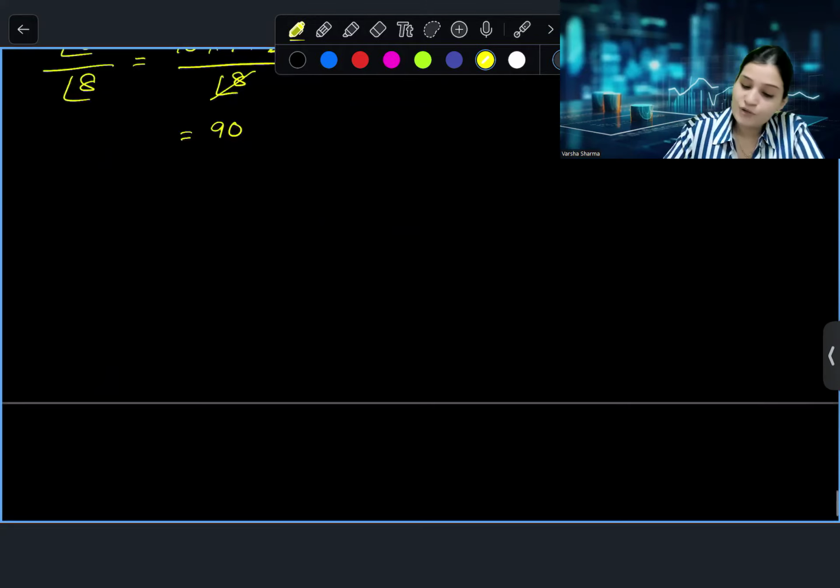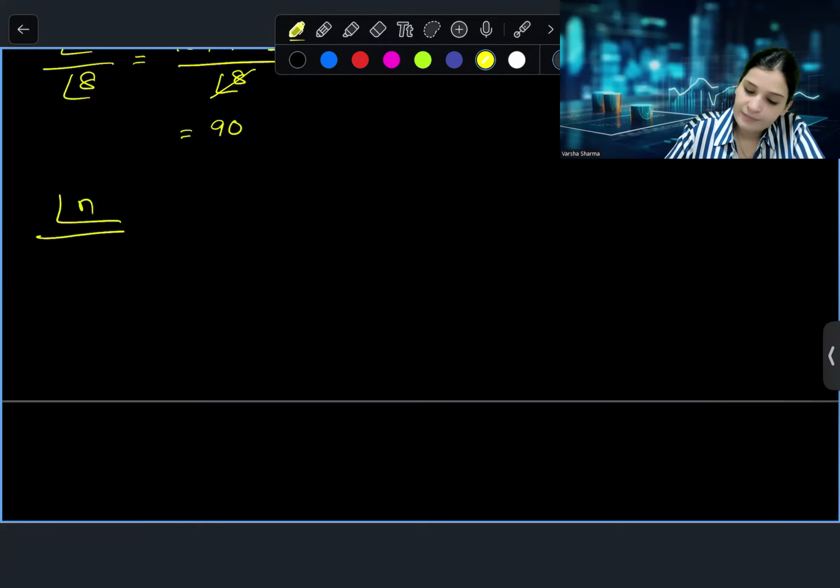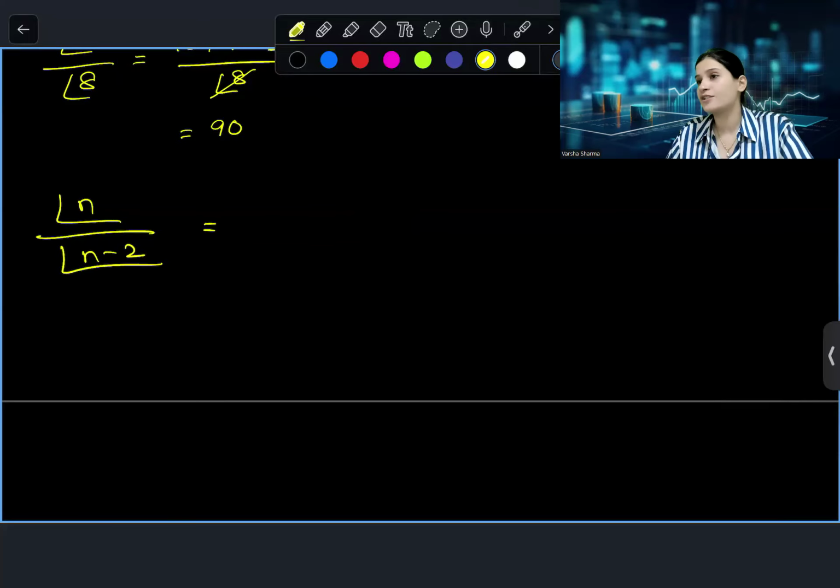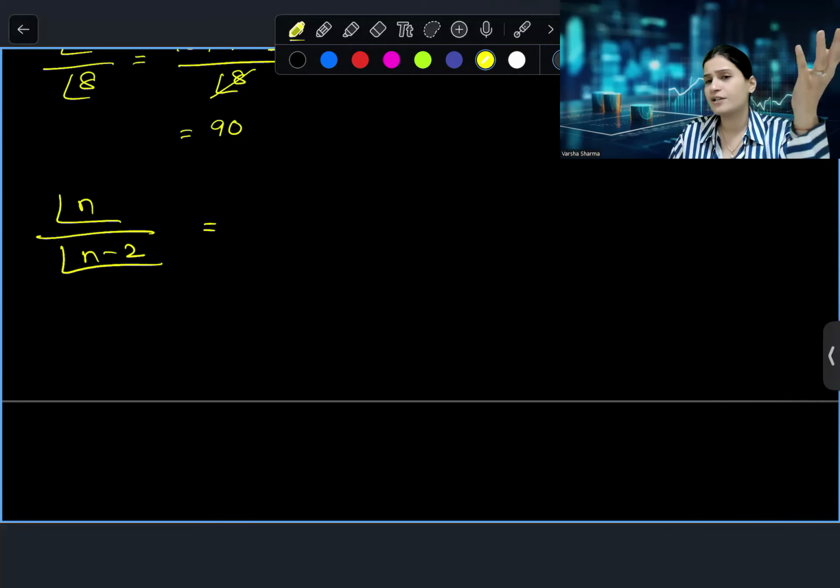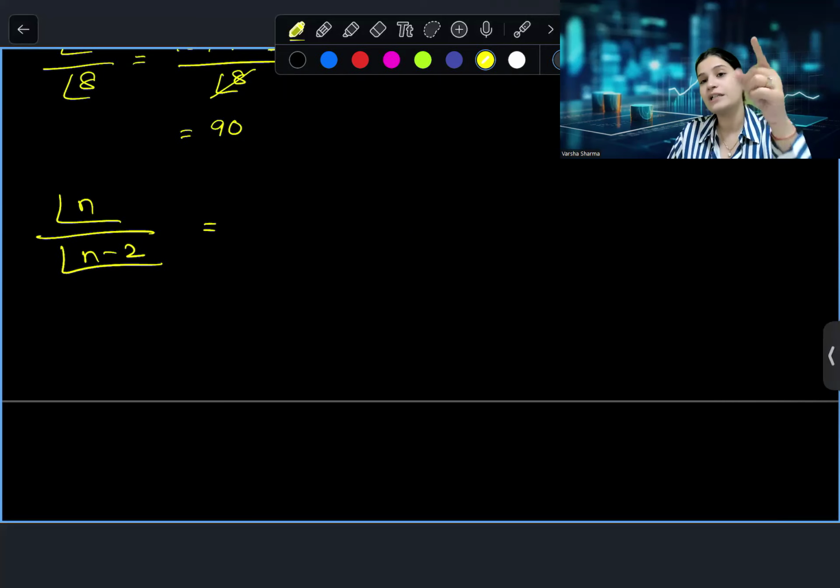Suppose I give you n factorial divided by n minus 2 factorial. If you're not sure about which one is larger, put any value of n. If you put n equal to 5, numerator 5 factorial, denominator 5 minus 2, 3 factorial. So the larger one is numerator n factorial. So you'll open n factorial till you get n minus 2.